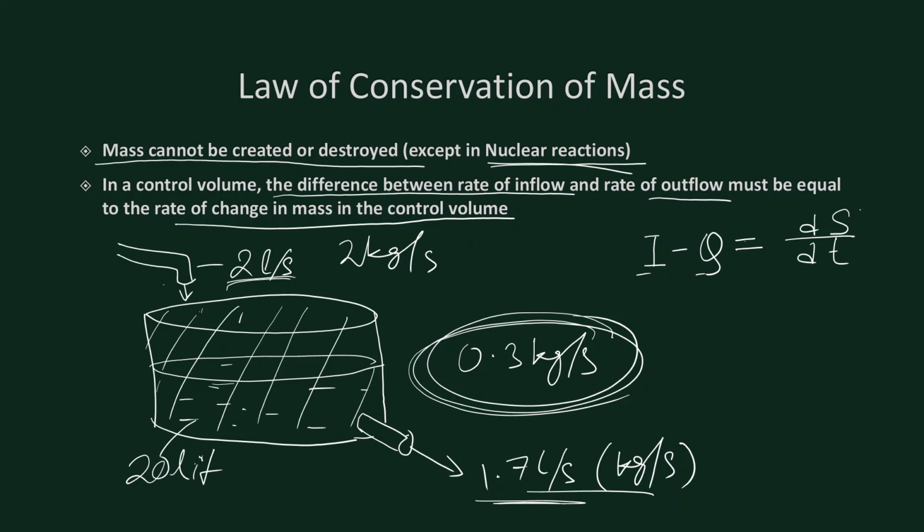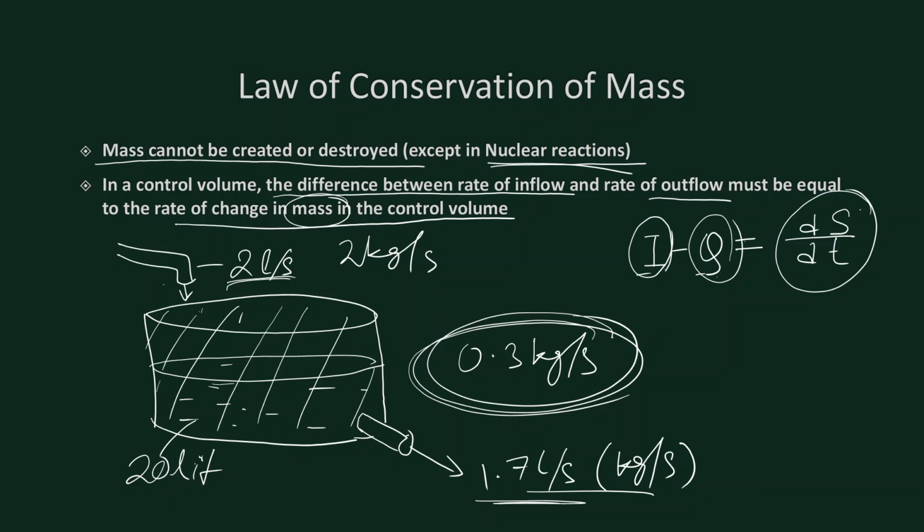Now here I may be mass per unit time or volume per unit time, but since the continuity equation statement is written in terms of mass, let's consider this is mass per unit time, this is again mass per unit time leaving, and this dS/dt is mass per unit time which is increasing or decreasing inside the volume.